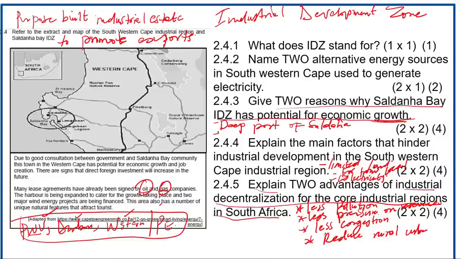The houses available in those areas will be under less pressure. Less traffic congestion, because not all industries are found here. So these areas are going to have less pressure, and therefore it's going to be important for them.